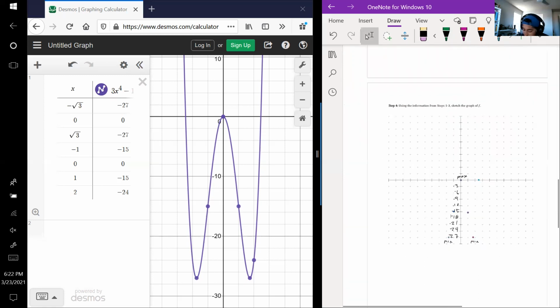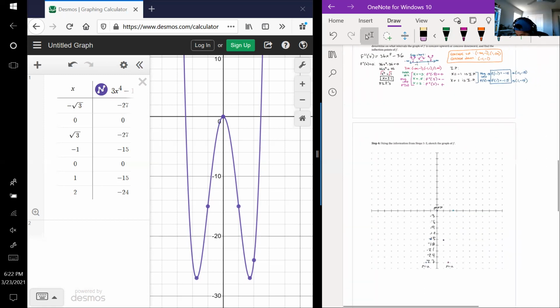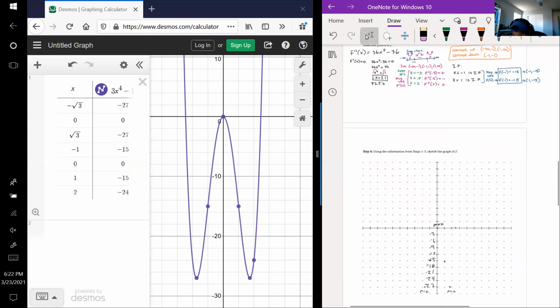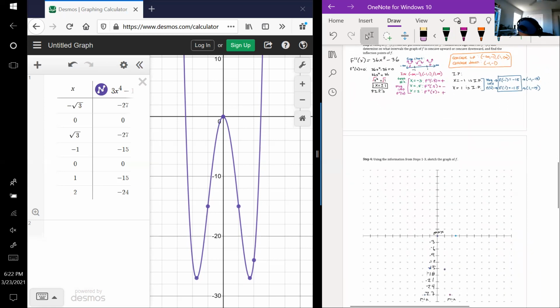And now we're going to graph by our concavity sign chart, which is right there. You can probably barely see it, but it says from -∞ to -1, we are concave up. So this is what we look like. We come down, we hit this and do that.